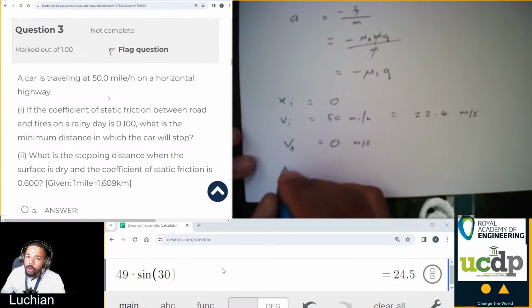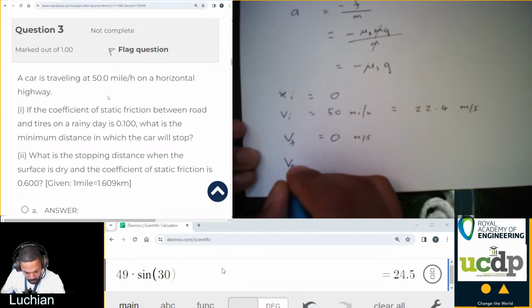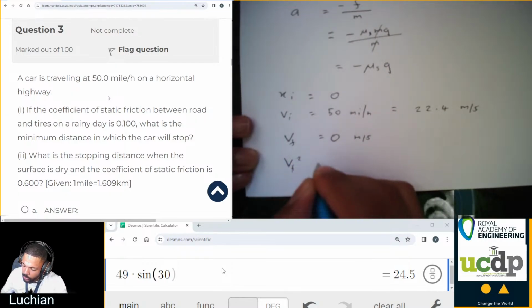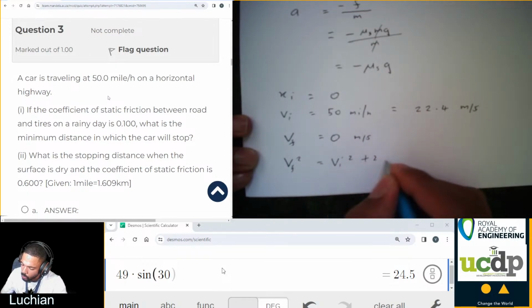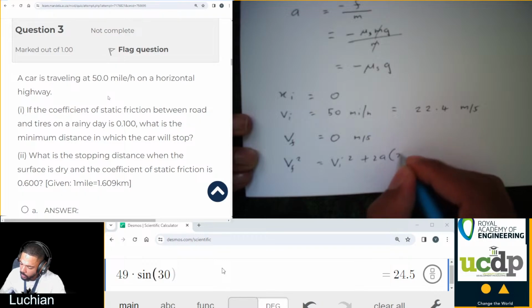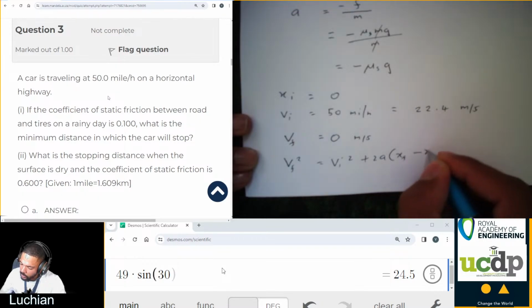Now we know from our equations of motion that v final squared is equal to v initial squared plus 2 times a times xf minus xi.